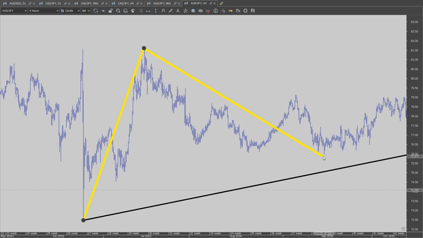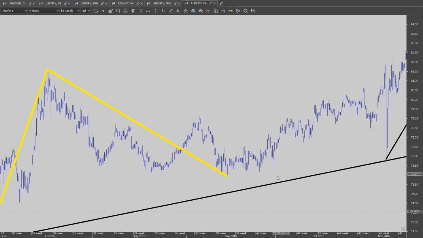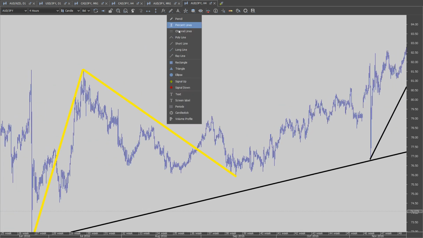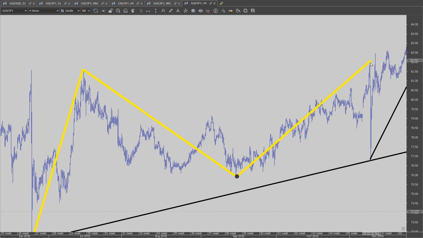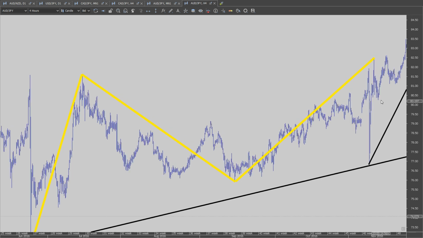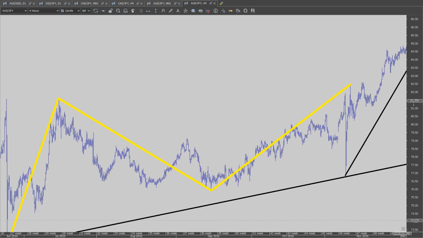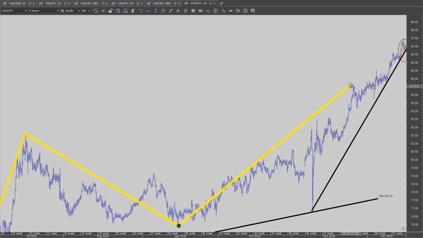Or if you want, you can do it also like this, no problem. But not to complicate things too much: extension, the market making higher highs, higher lows, higher highs, higher lows, higher highs, higher lows. So this is all the extension.